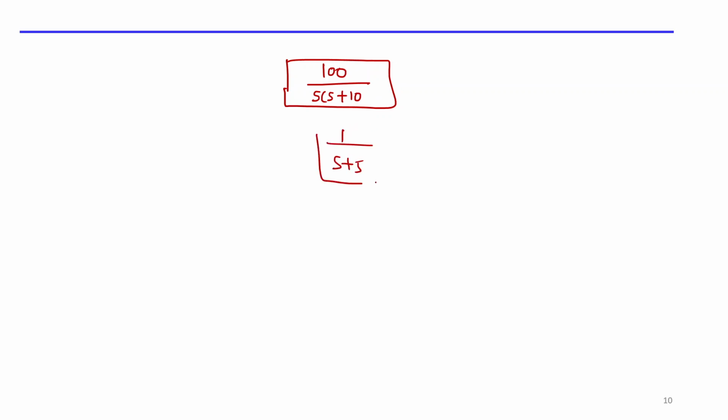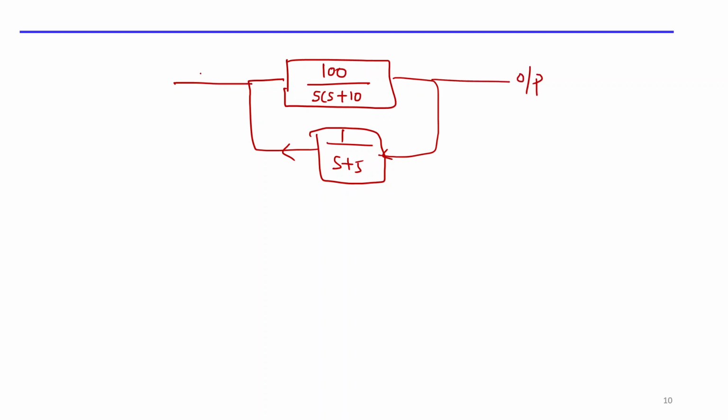Let me give a question to you. Suppose you have to solve and tell me the answer immediately. Let's say 100 divided by s into s plus 10, and here is 1 by s plus 5. This is the system. This is the input, this is your output.